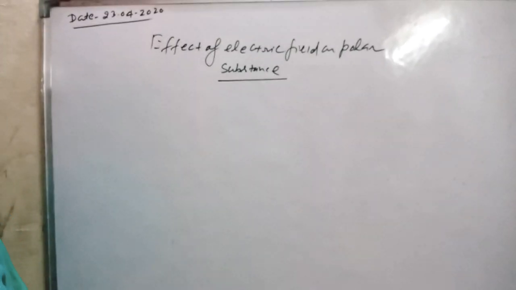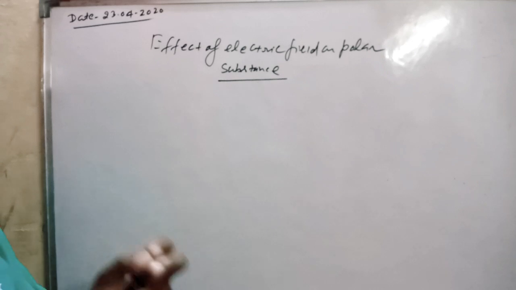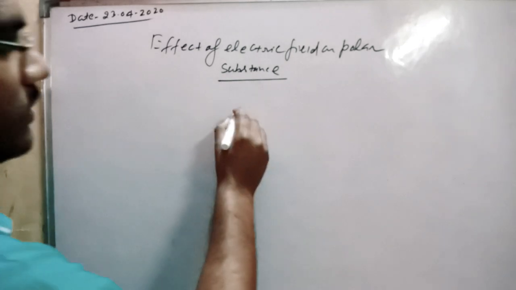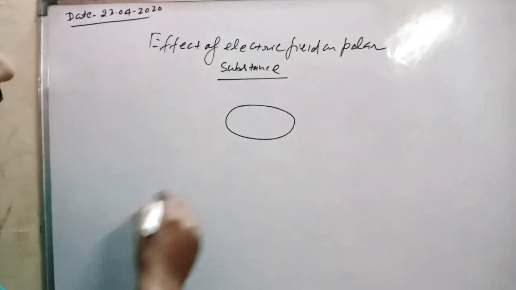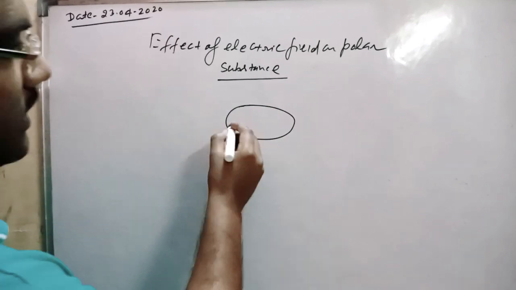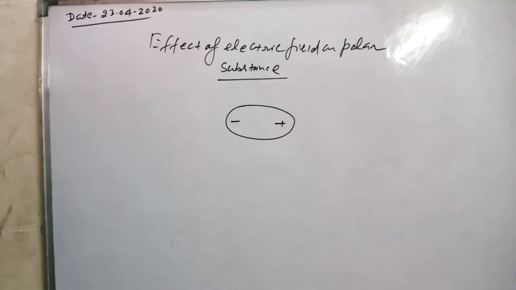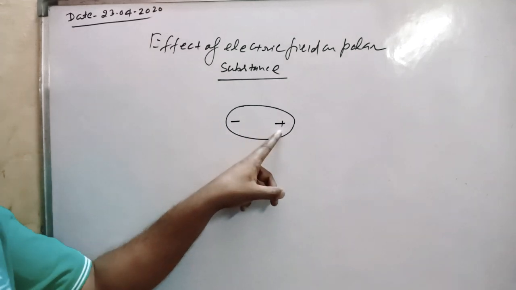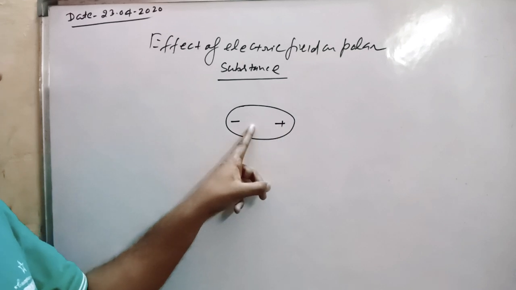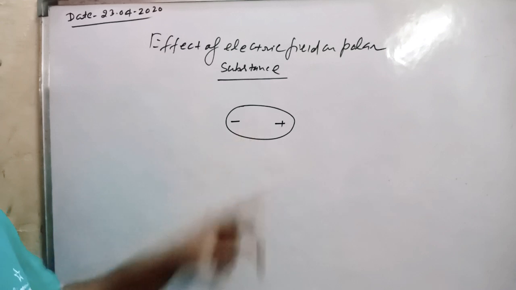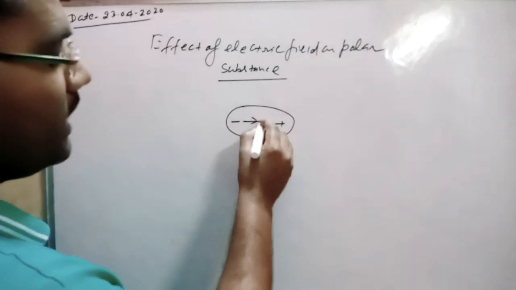Not symmetrical means the centers of mass of negative charge and positive charge of molecules are separated by a small distance. So this one is the molecule of a polar dielectric. In a polar dielectric, the centers of mass of negative charge and positive charge are separated by a small distance, and it has a permanent electric dipole moment. It has a permanent electric dipole moment without any field.